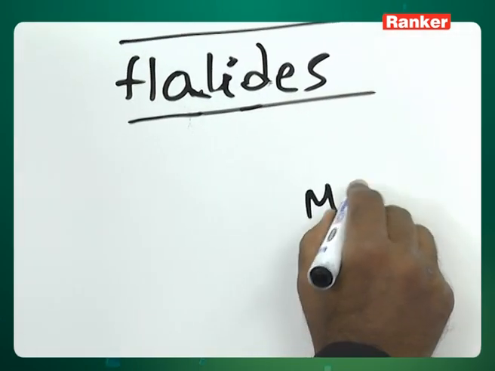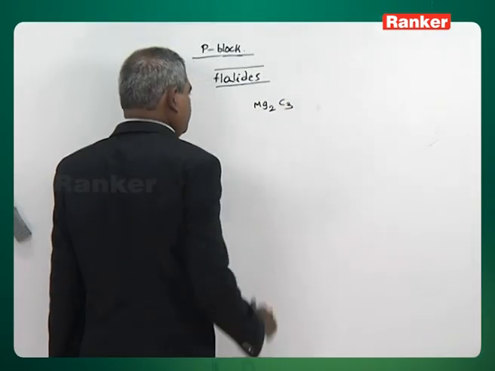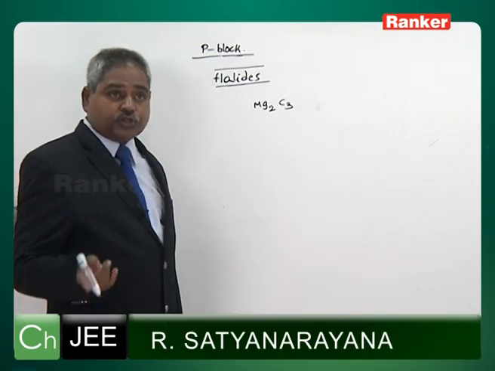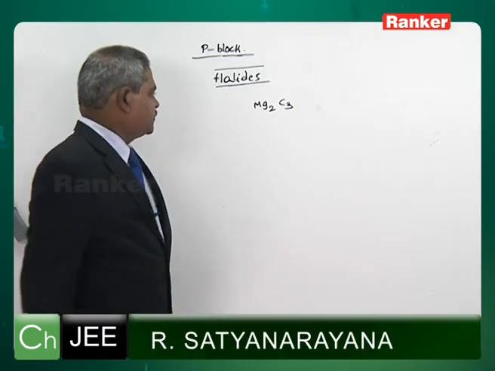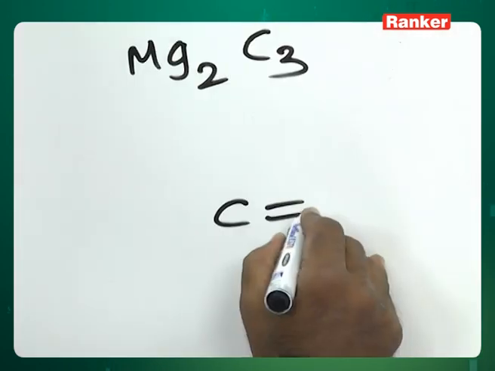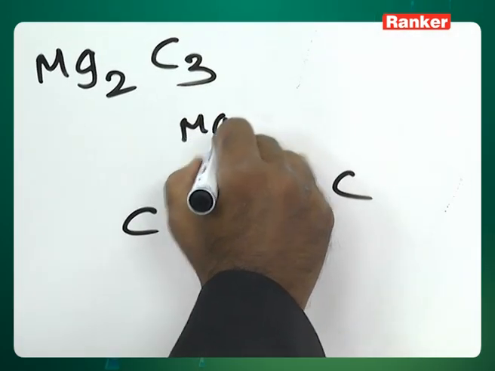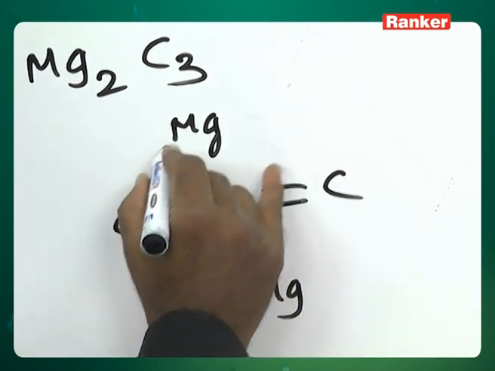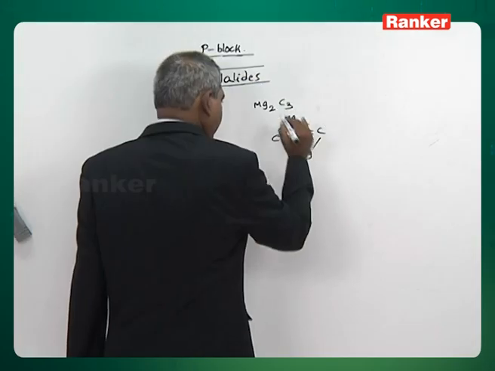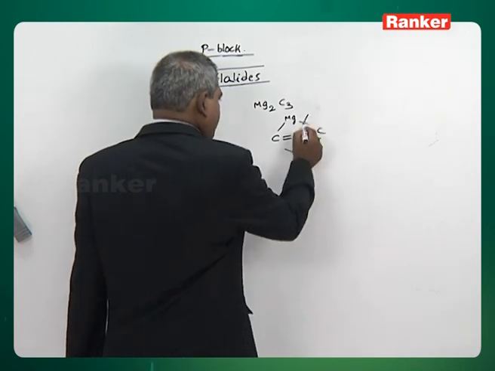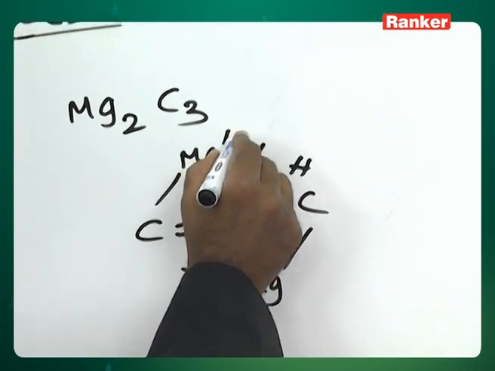Magnesium carbide, Mg2C3. This time you should know the structure of Mg2C3: C double bond C double bond C, with magnesium, magnesium. Break the bond, HOH.